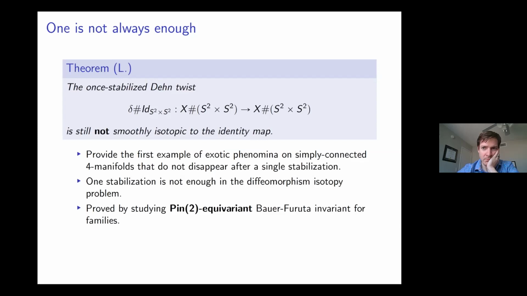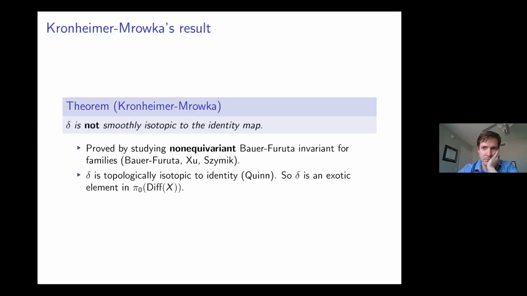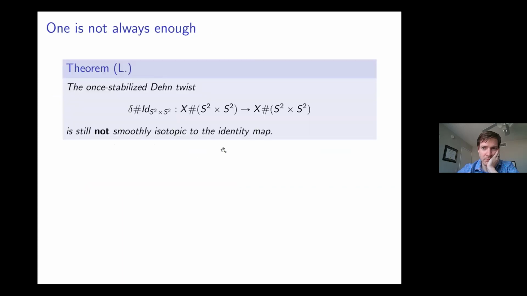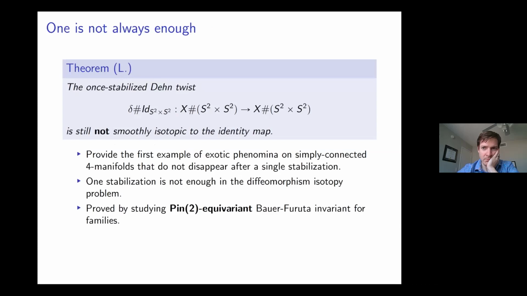And this theorem is proved by studying this Pin(2)-equivariant Bauer-Furuta invariant for families. So recall that Peter and Tom proved their theorem using a non-equivariant Bauer-Furuta invariant. And by studying its Pin(2)-equivariant version, one can get a slightly stronger result.